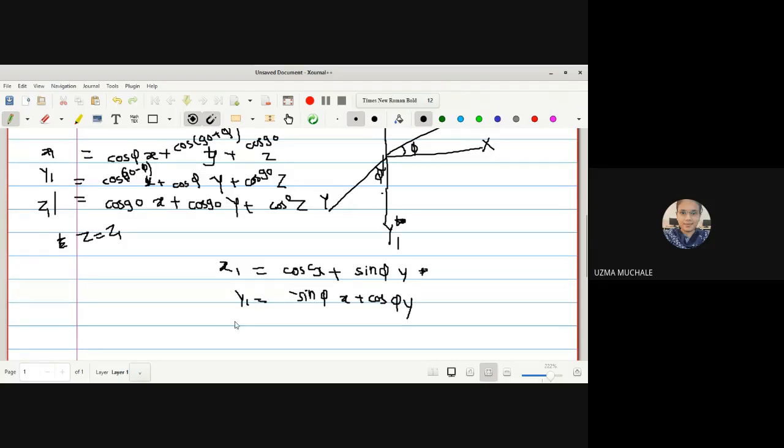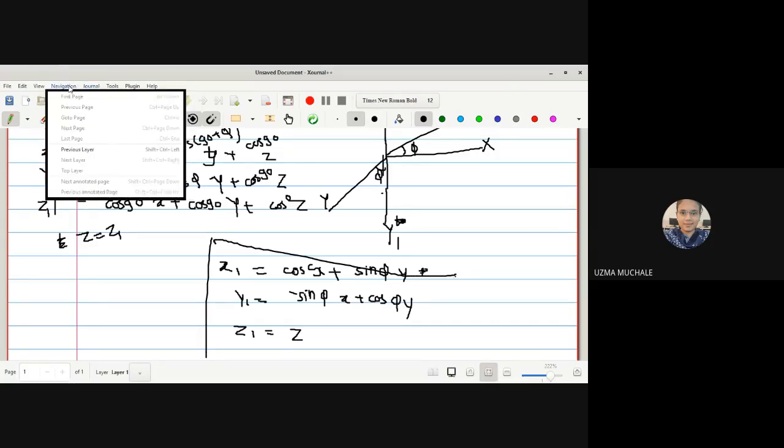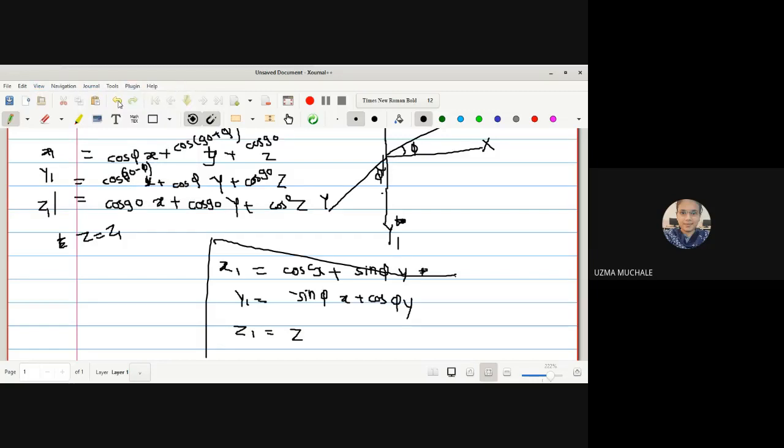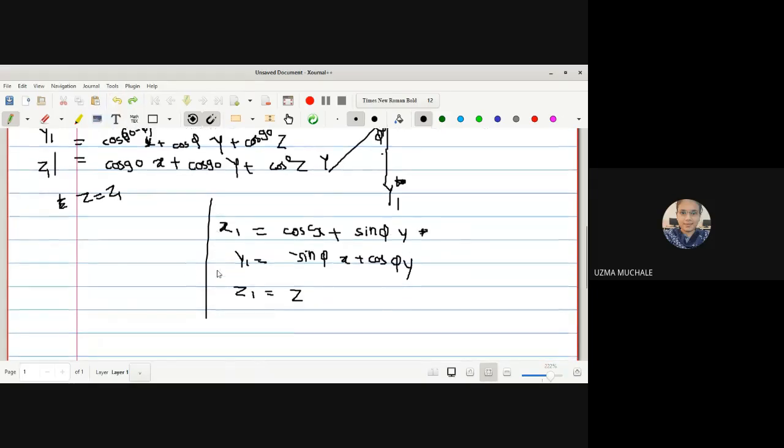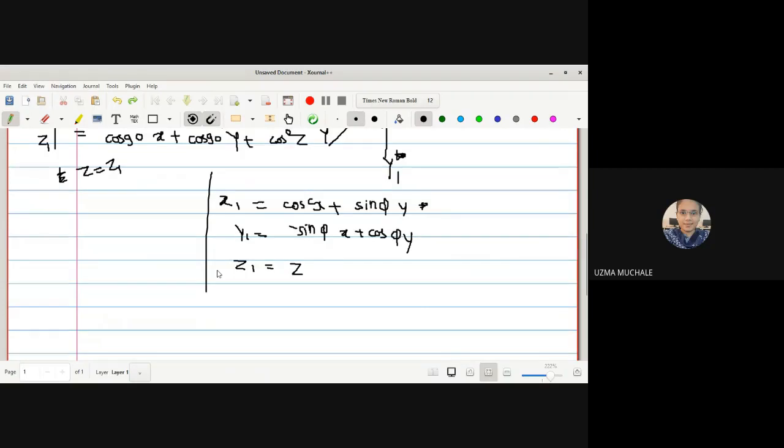Again cos 90 is 0. Again we will write z1 is equal to cos 90 is 0. The coefficient of x and the coefficient of y are both 0. Cos 0 is 1, so we can write z is equal to z1. So now we have got the relation between x, y, z and x1, y1, z1.